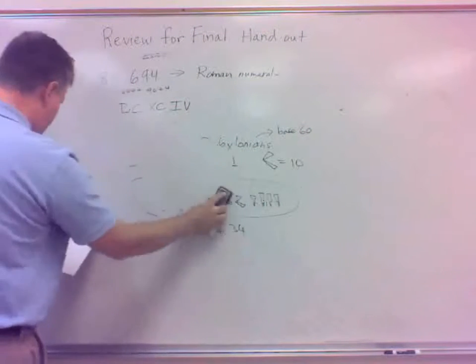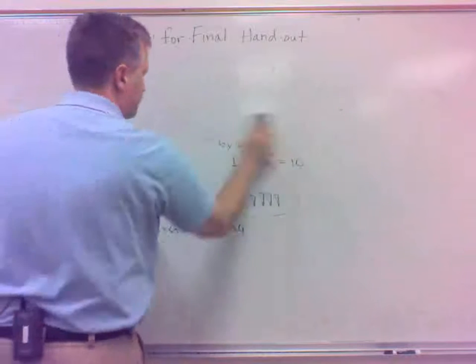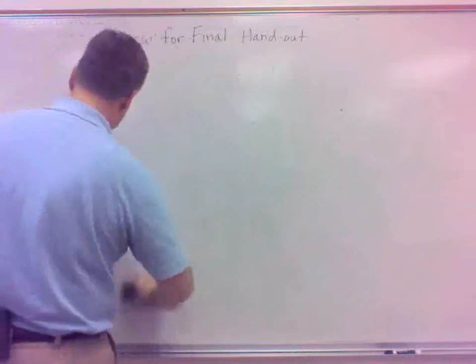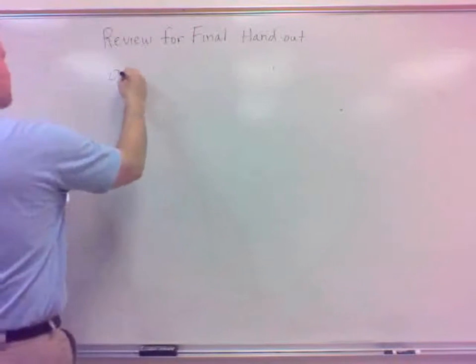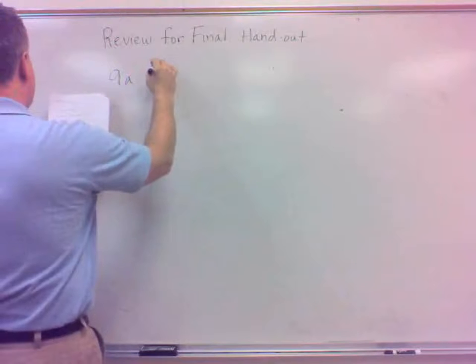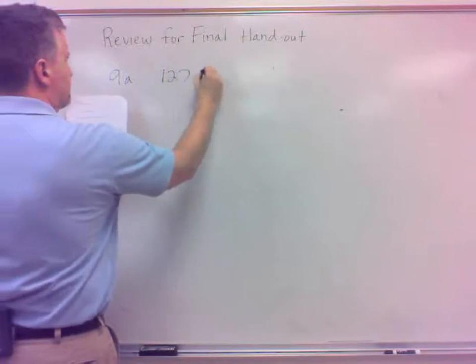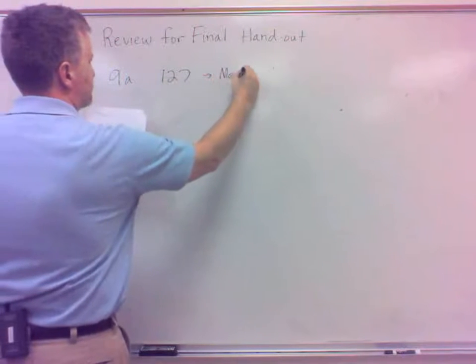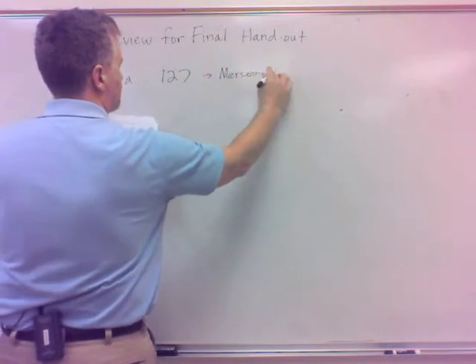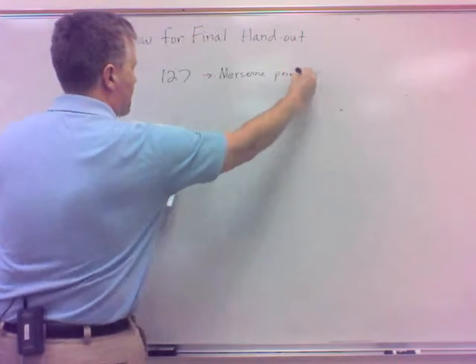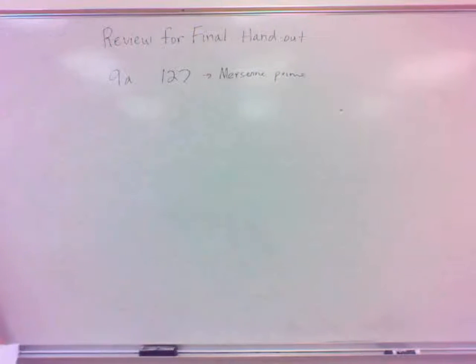All right, number 9A. 9A, we have, show that 127 is a Mersenne Prime. Yeah, there's various things to know on number theory. One of the things I'd like you to know is what we mean by Mersenne Prime.